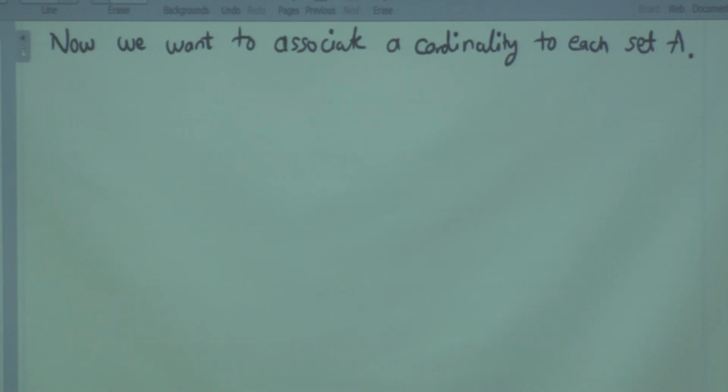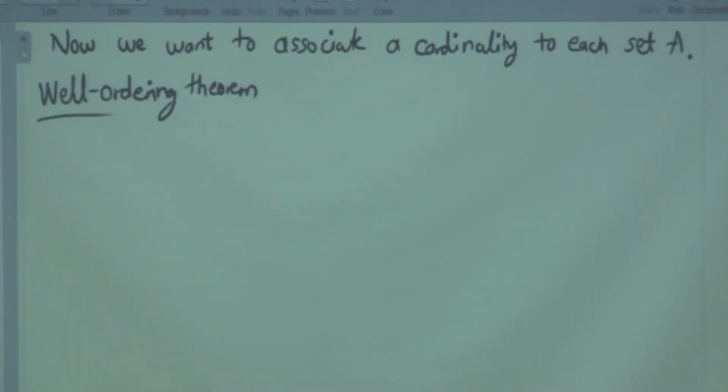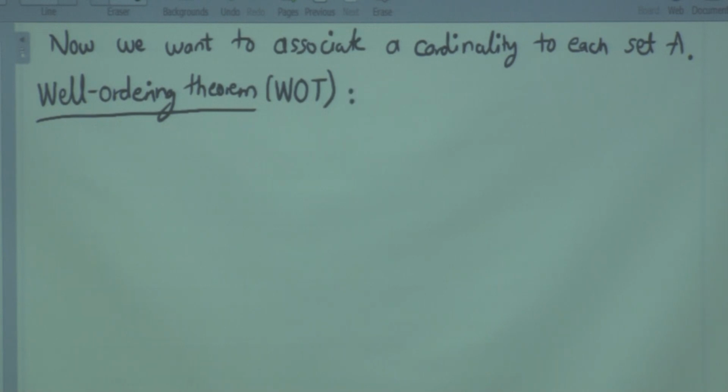Yeah, that is an axiom, or in normal terms, it's called a theorem. I will tell you its history. It is called the well ordering theorem. In short, WOT. Okay. Let me write it down first and then I will explain the history of this statement.